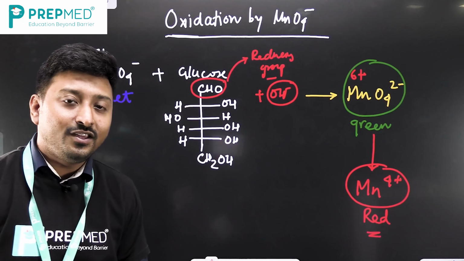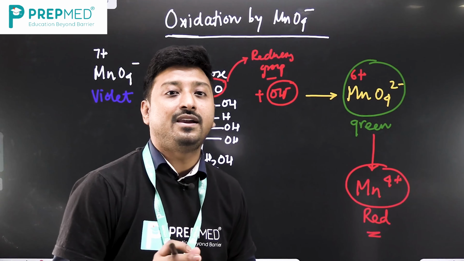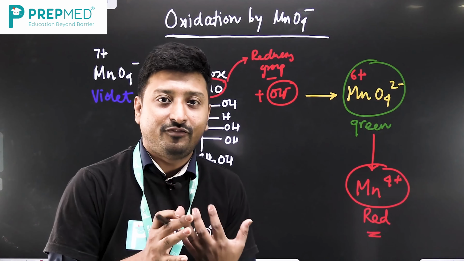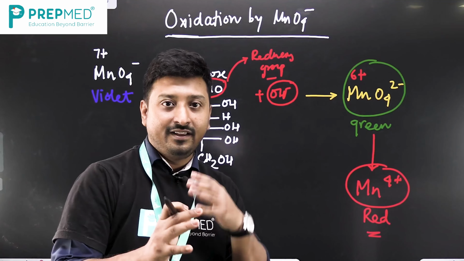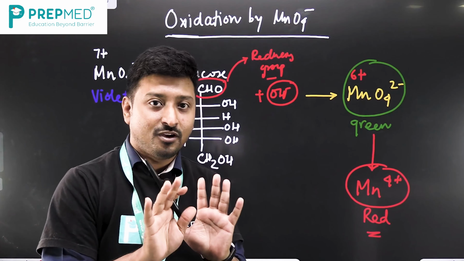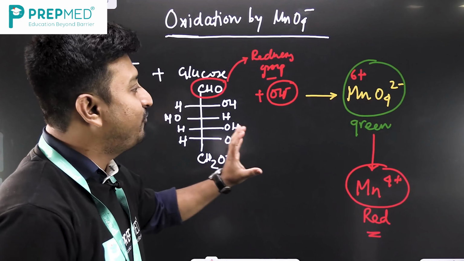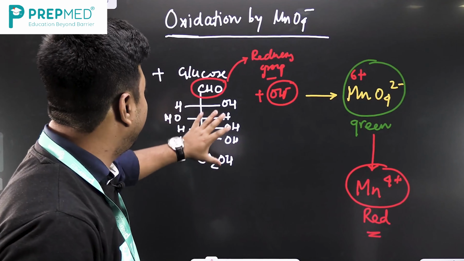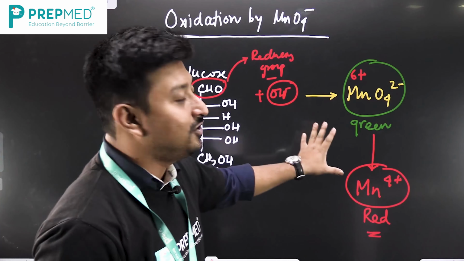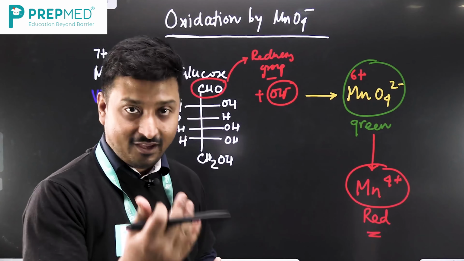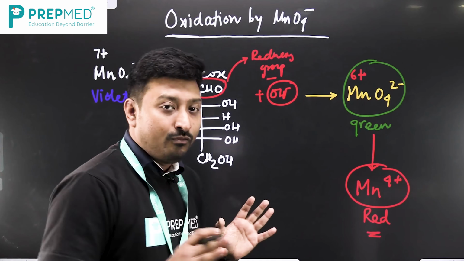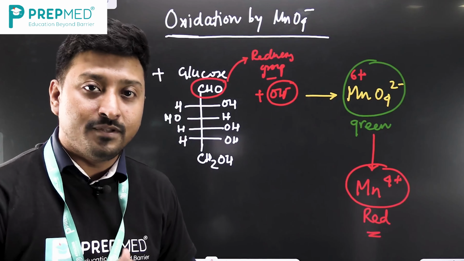So now I think you can understand why it's called chemical traffic light, because in a traffic light, green is for go and red is to stop, right? So here also the KMnO4 in this alkaline medium in presence of glucose shows that kind of observation.